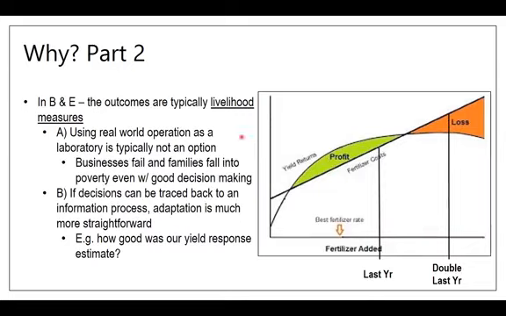And so thinking about this, I've already said, the real world operation as a laboratory is typically not an option. We put people through psych experiments and even put them to the test in economic experiments, but typically not with their livelihood at stake.